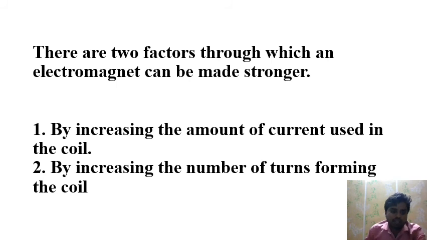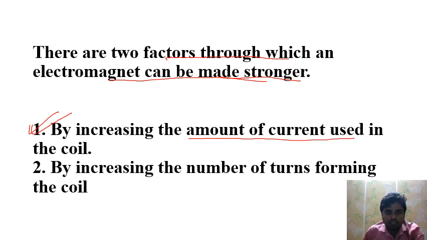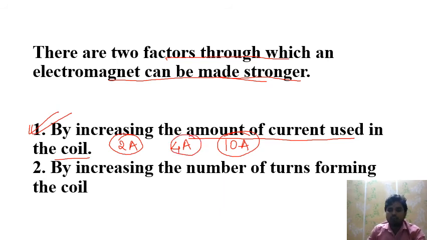Now students, see, there are two factors through which an electromagnet can be made strong. The first one is by increasing the amount of current used in the coil. So if 2 ampere is used as current, 4 ampere, and 10 ampere, in which of these three conditions will there be a stronger electromagnet?